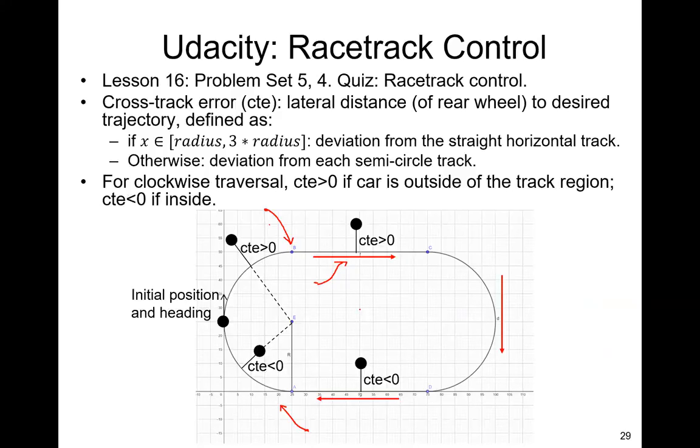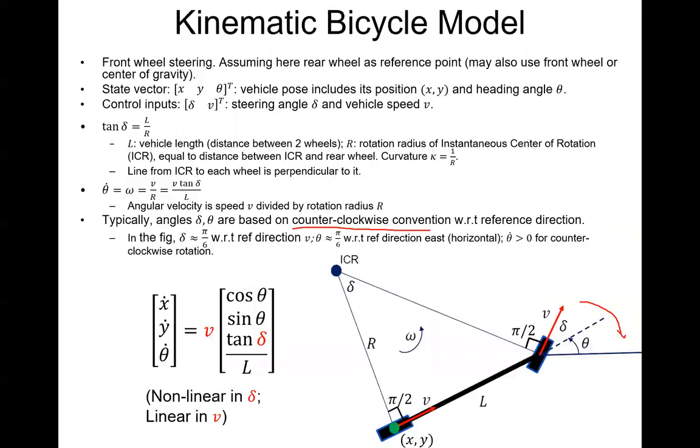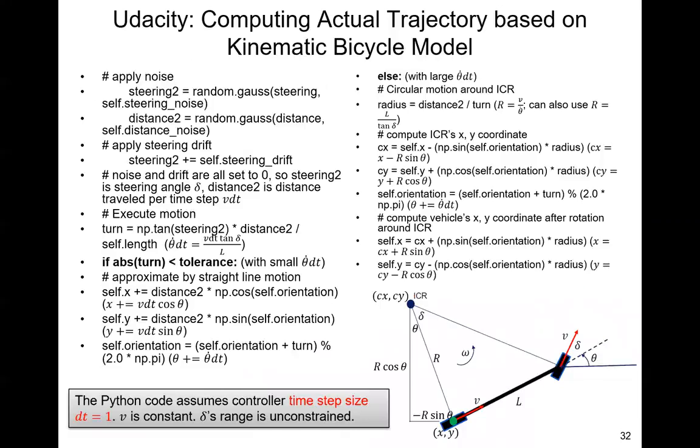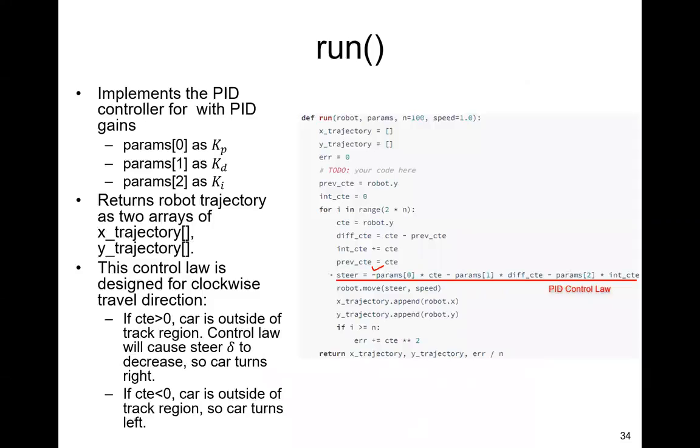So all of these definitions are coupled. It relies on the assumption, first, that you're traversing the track in a clockwise direction. Second, your convention is that the angles are based on a counterclockwise convention. And then your control law looks like this.